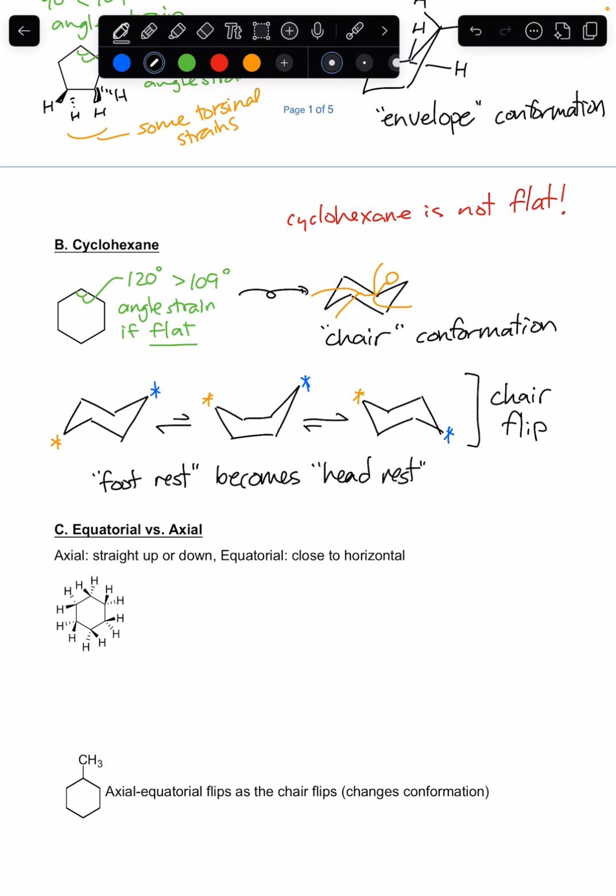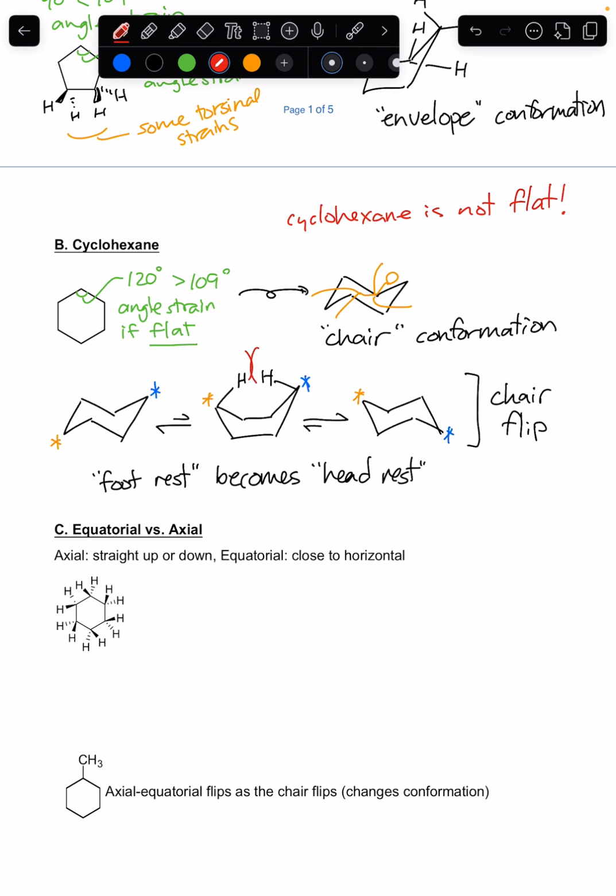And then I put an unequal equilibrium sign here because, as you can imagine, the boat conformation experiences much more strain, and you might not realize that as much if you just look at the drawing on paper, but if you make this molecule in real life, you'll notice that these two hydrogen atoms experience quite a bit of steric strain.